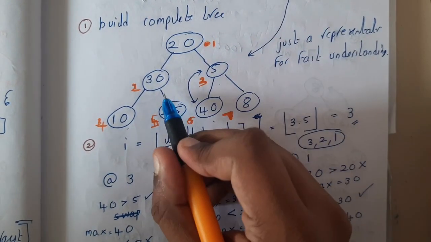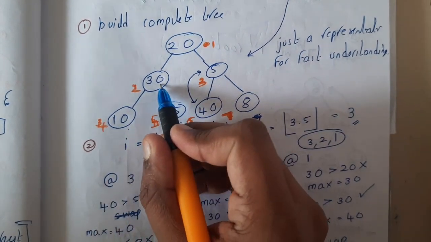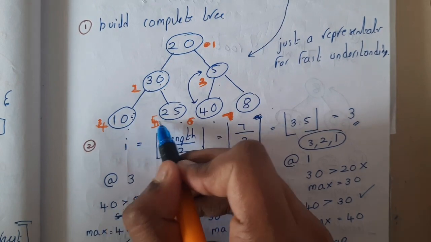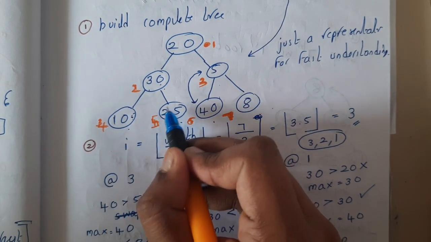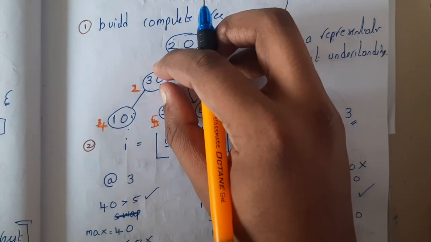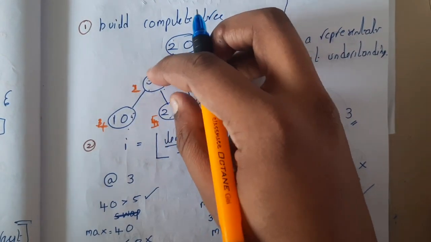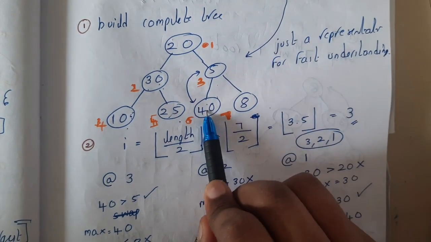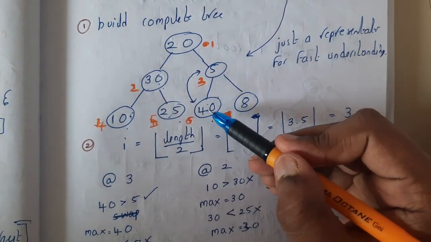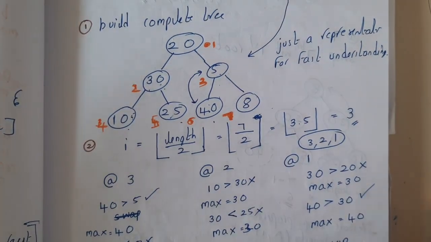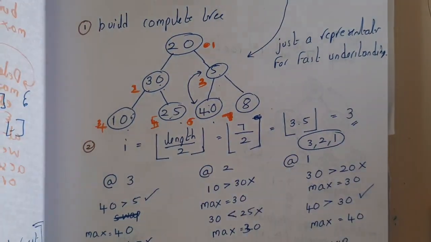If there are children, you compare the parent with one child and find the maximum value, then compare that maximum with the other child and find the maximum among the three. You store the maximum at the parent and swap accordingly. So if 40 is the maximum but 5 is the parent, you swap 40 and 5 in that way. If there are no children, you should not do the process, right?